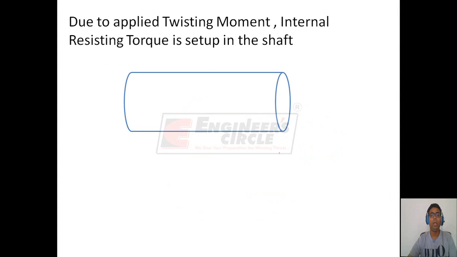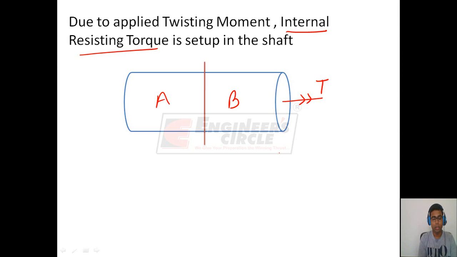To know about the internal resisting torque, make an imaginary cut in the shaft as shown by this red line that divides the shaft into two parts A and B. Let the twisting moment, that is the load on the shaft, be one torque in this direction and another torque in this direction.